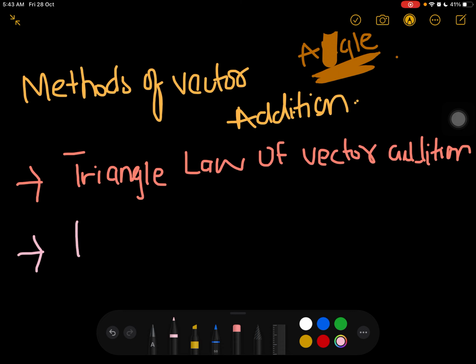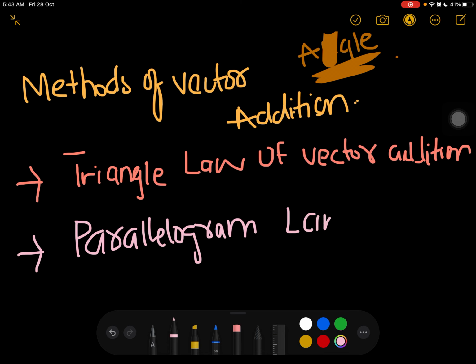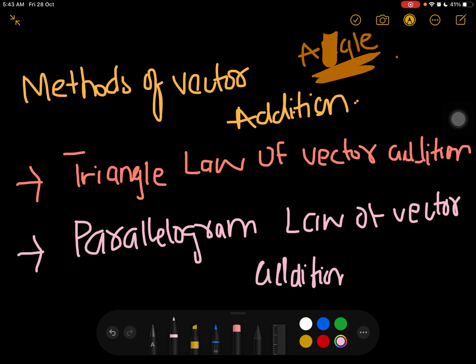Second is parallelogram law of vector addition. So today we will only look at the geometrical method.